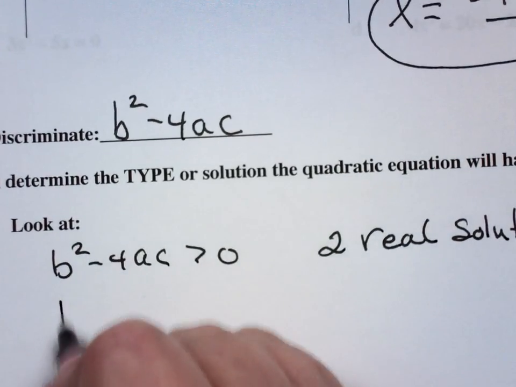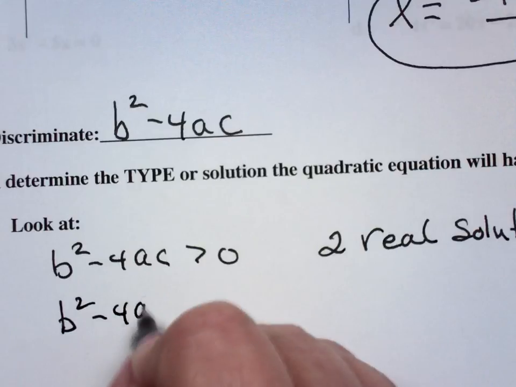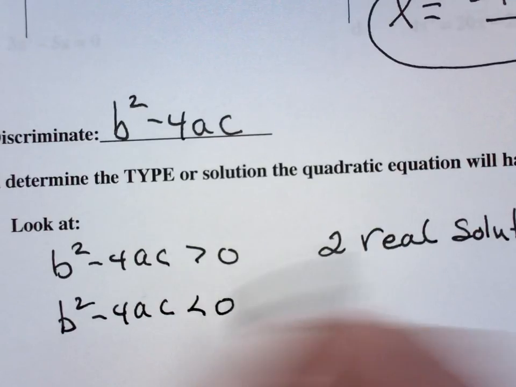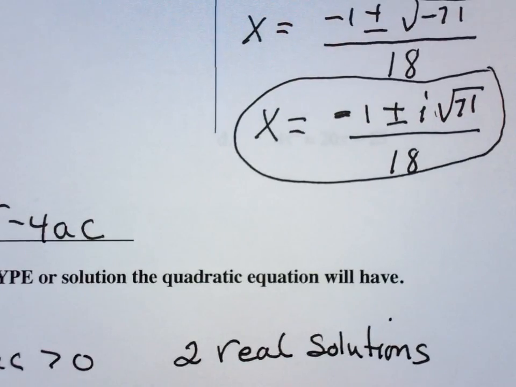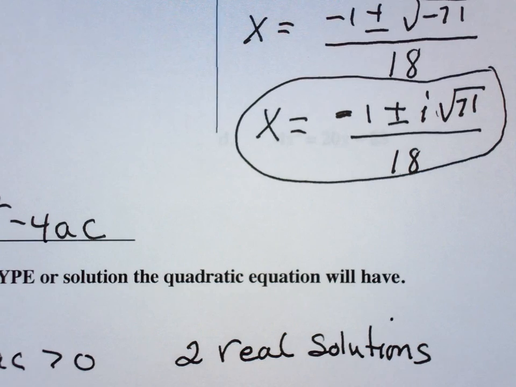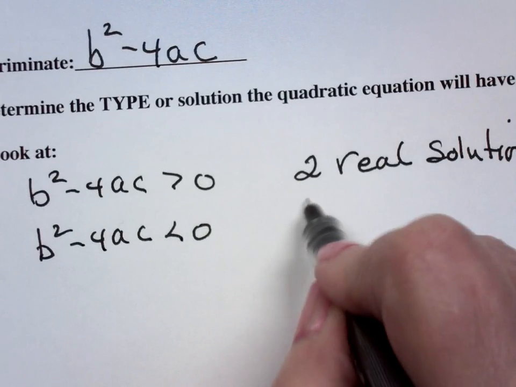And we saw that if b squared minus 4ac is a negative number, we have 2 solutions, and they're imaginary. They're conjugates of each other. So I have 2 imaginary solutions.